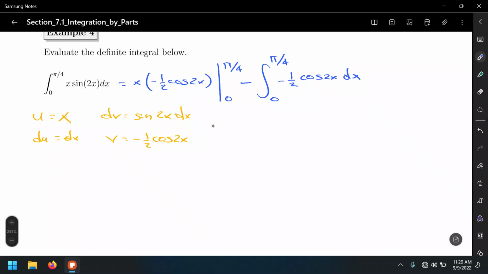So negative 1/2 x cosine 2x from 0 to pi over 4, minus the integral of, that's also actually plus 1/2 the integral of cosine 2x with respect to x from 0 to pi over 4.